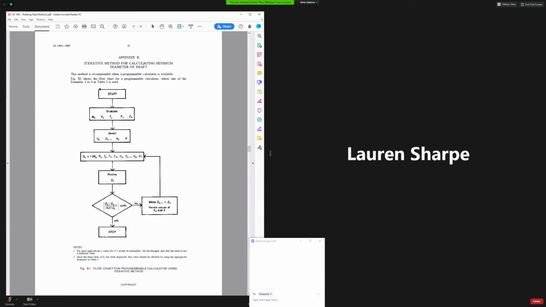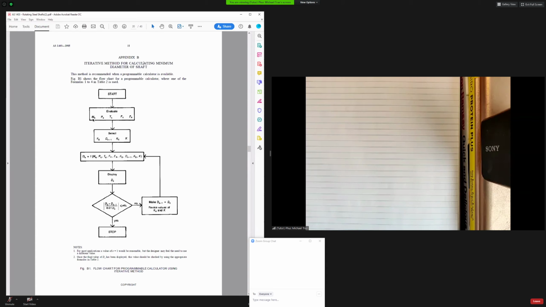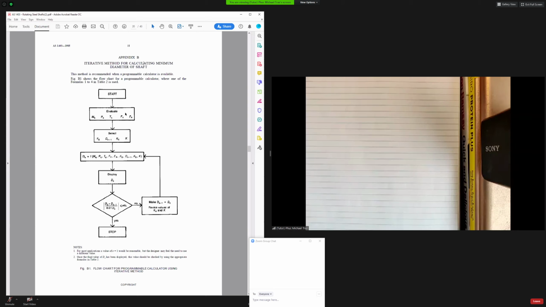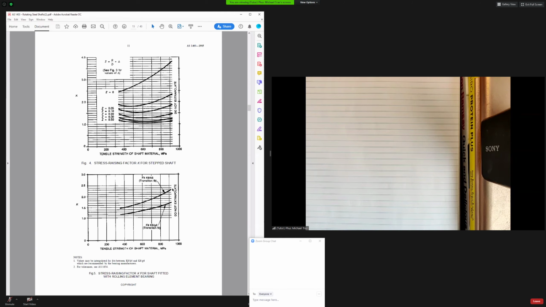You start off by evaluating your moments, your axial forces, P, Q, T's, your torque, and these would be your factors. So this is your safety factor, and this is your endurance limit. We'll go through it.